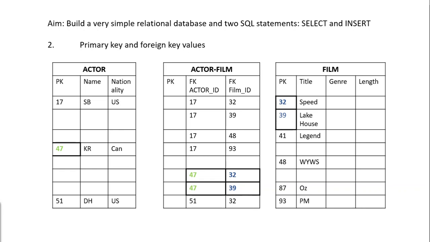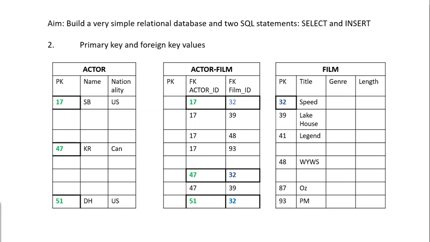Actor ID of 47 is paired with film ID values of 32 and 39. Finally, the film ID values are used to find the rows in the film table which have the titles Speed and The Lake House. So my database indicates that Keanu Reeves has appeared in Speed and The Lake House.